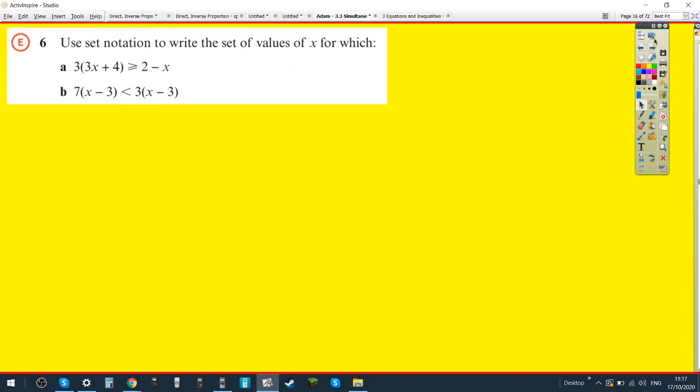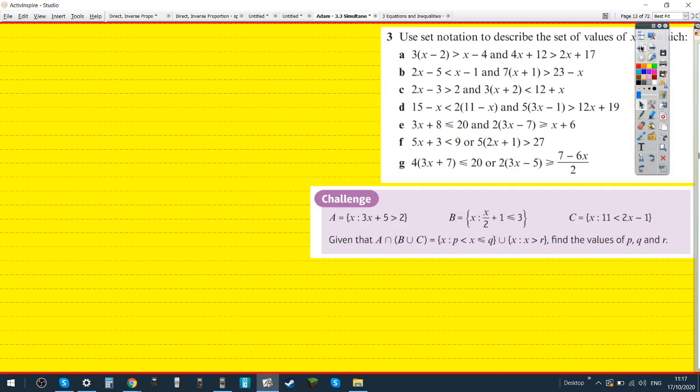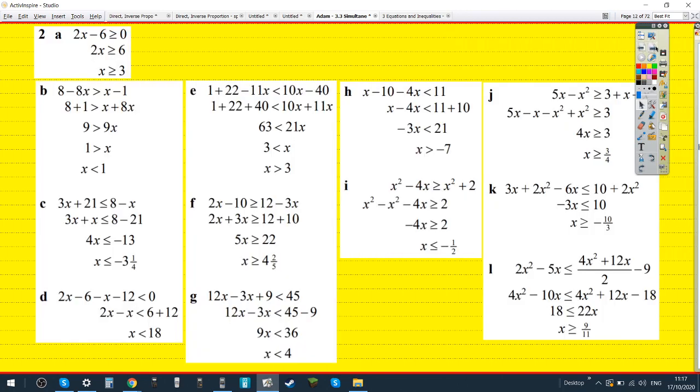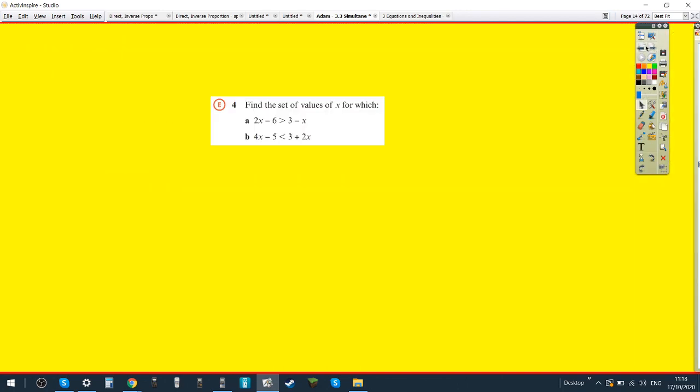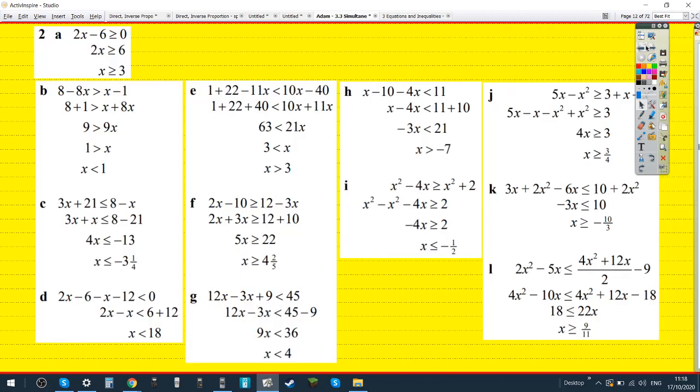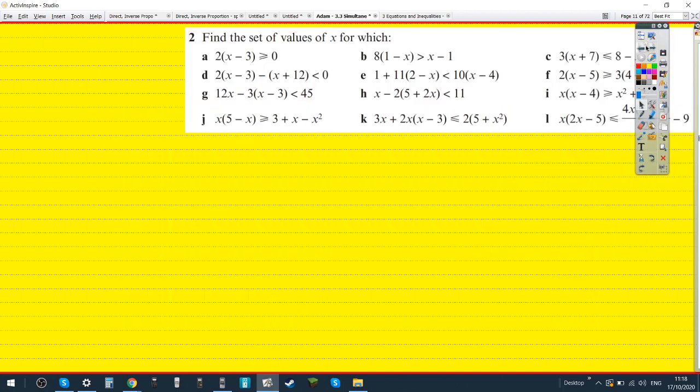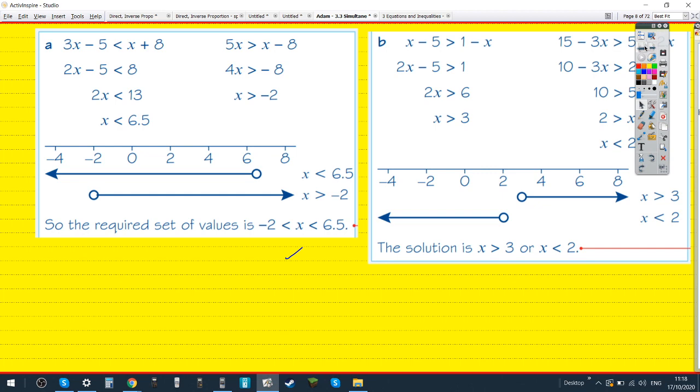So to put these into set notation, let me see. Question 3. Oh, I don't have the answer to hand, but set notation, I'll just use one that we already did.